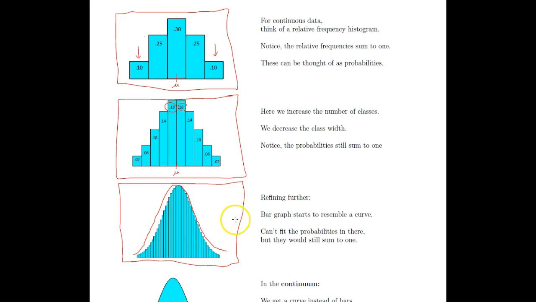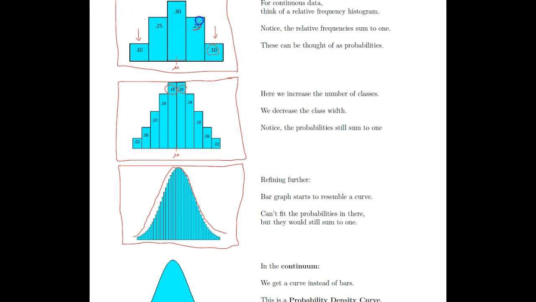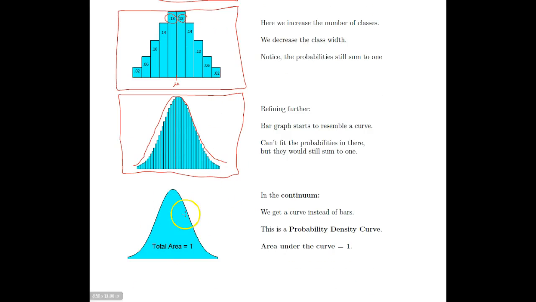And so, if you imagine theoretically breaking down these rectangles into smaller and smaller widths all the way to infinity, you get what is like a continuum, and you get this nice smooth curve right here, with a total area under it equal to 1. And that total area of 1 is what you get from adding up all the probabilities. We said before, if you add up all the probabilities in either one of these, you get 1, and the same thing is true here.